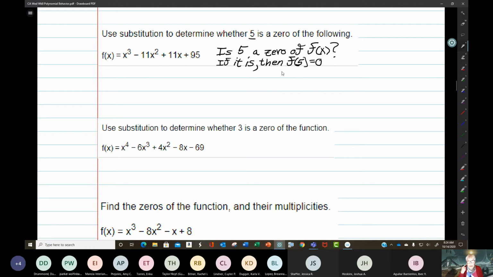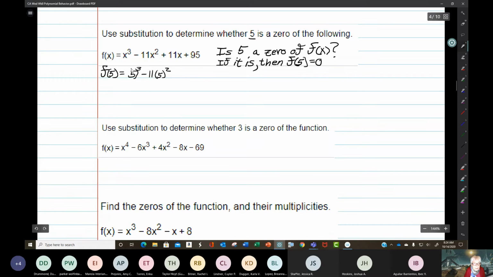So it's handy to use a calculator for this. This is what I'm going to do. I'm going to take f of x and I'm going to put a 5 in for every x, so that I'll have 5 to the third minus 11, 5 squared.